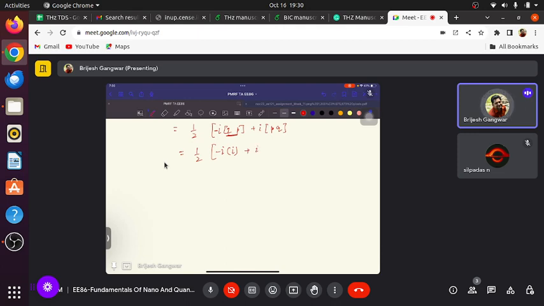And plus i, and p and q will give you minus i, because qp is equal to minus of pq by this property. So from here you will find 1 by 2 multiplied by minus i square will be plus, so this will be plus 2, right? And this will cancel out, so a, a dagger will give you 1, right?